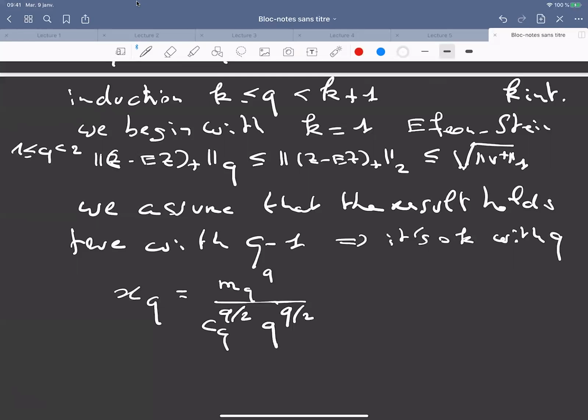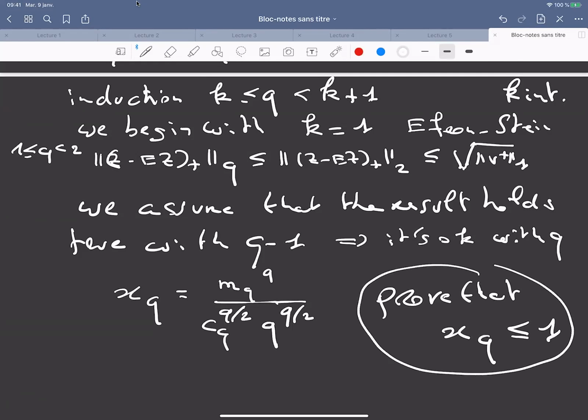And so what we want to prove is that XQ is less than 1. And what we know is that XQ minus 1 is less than 1.